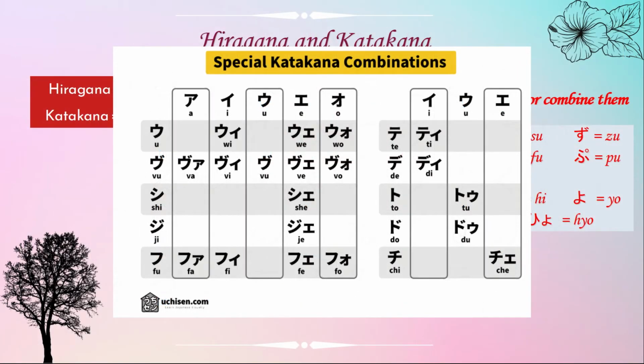But for the consonants, they kind of cheated with katakana to add some new combinations. So, for example, the ti sound does not exist in Japanese. Like, originally, it doesn't exist. But they kind of imported it because, well, they needed it, for example, for the word party.